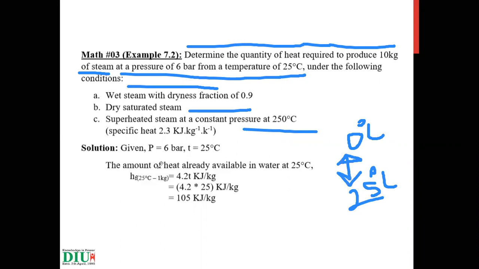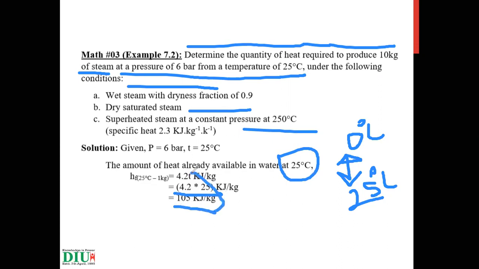So that's the total amount of heat already available in the water at 25 degrees Celsius, 4.2 into T. Here the difference from 0 to 25 is 25. So 4.2 into 25 kilojoule per kg, so 105 kilojoule per kg.